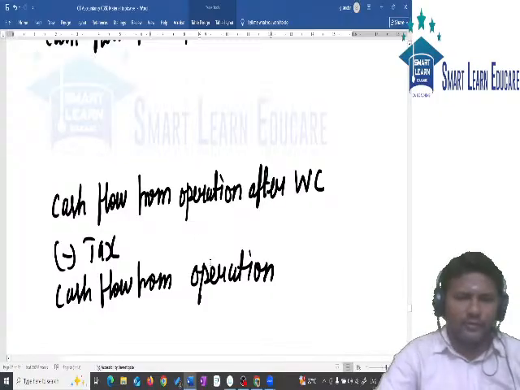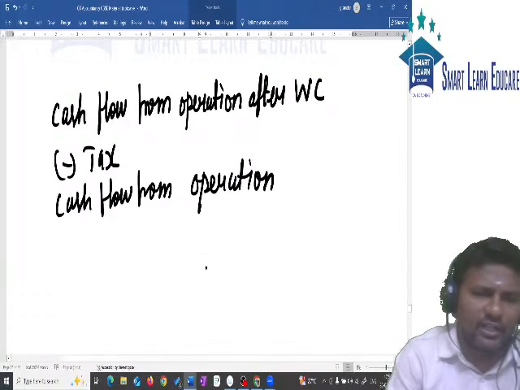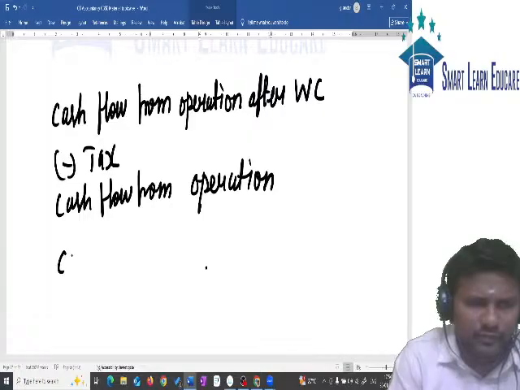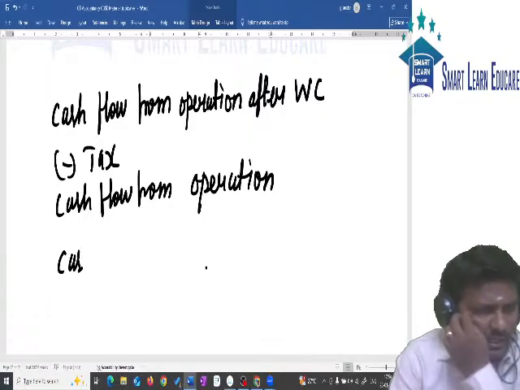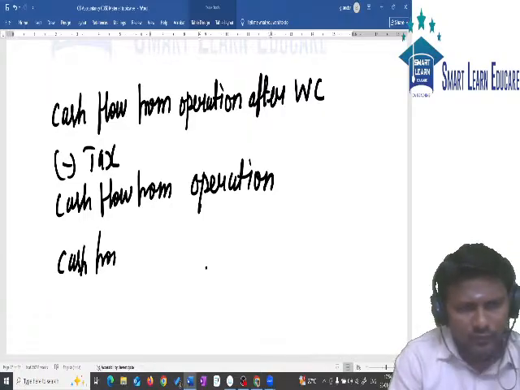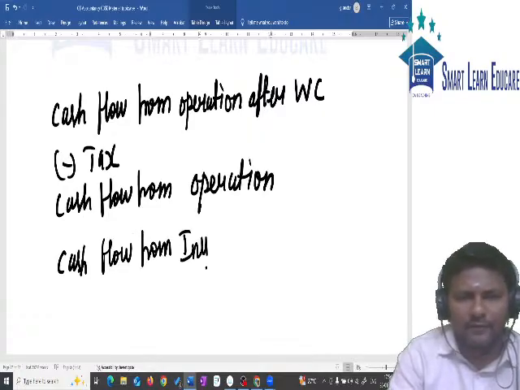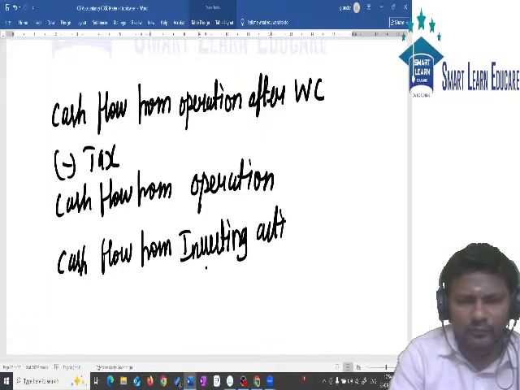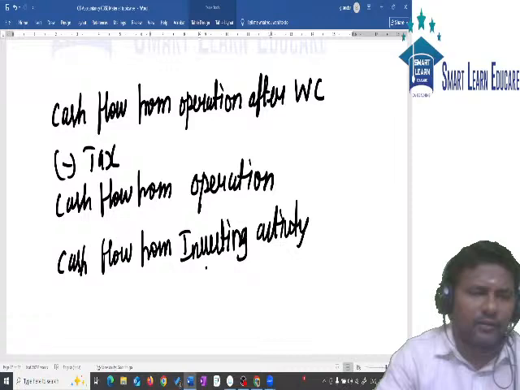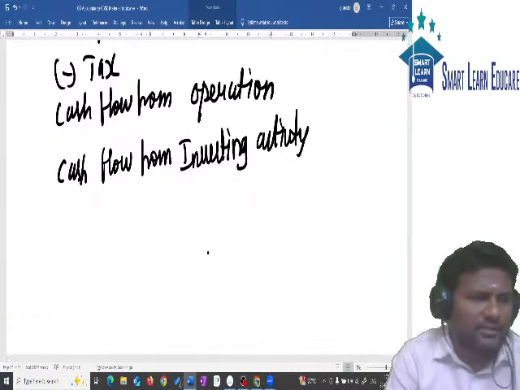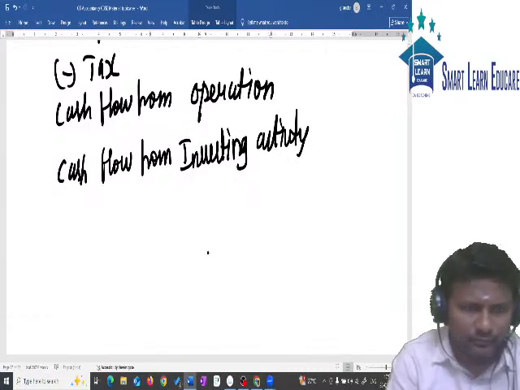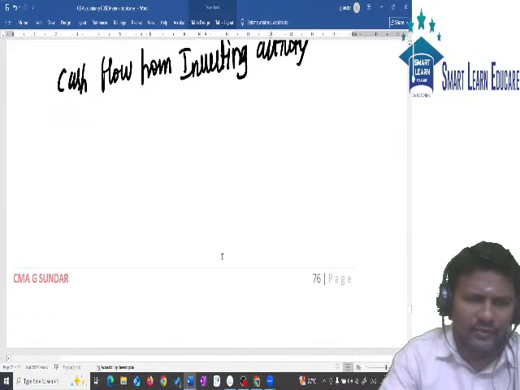So first one, and after that cash flow from operation we have cash flow from investing activity. With that, leave some more five lines of space.